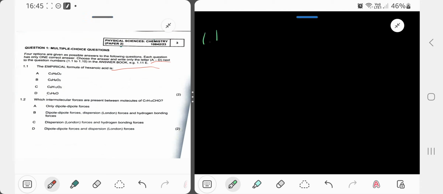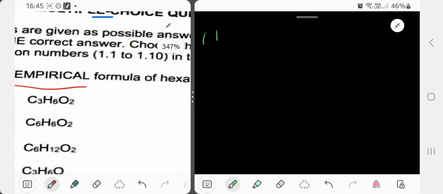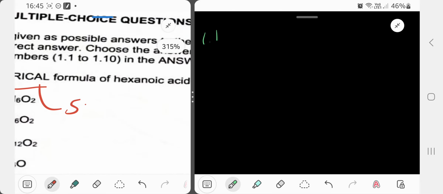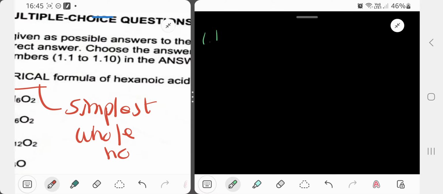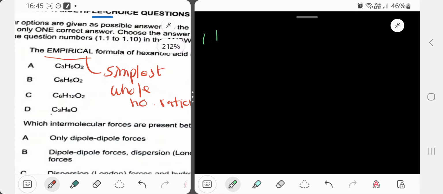So 1.1 says the empirical formula of hexanoic acid is... look at this, guys, they even made it bold. Empirical formula. So empirical formula is the simplest whole number ratio of the elements in a compound.